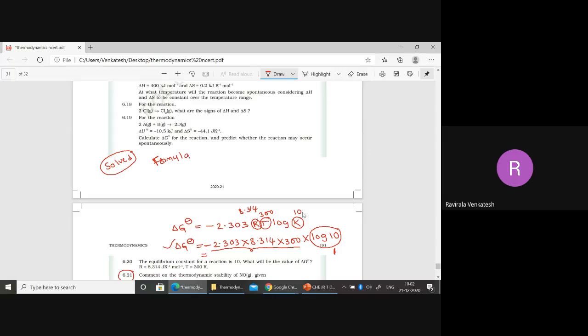For example, W is equal to minus P delta V. Work done in the reversible process, minus 2.303 into RT into log V final by V initial, like that. Delta S equal to Q reversible by temperature, like that. Delta G is equal to delta H minus T into delta S. Like that you write all the formulas on one page so that whenever you go to the examination, you can read all the formulas easily. So this is the homework today. Understood?